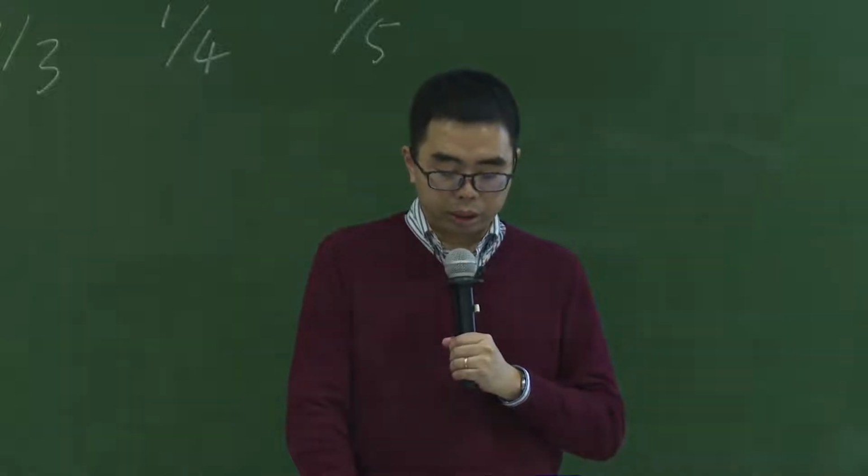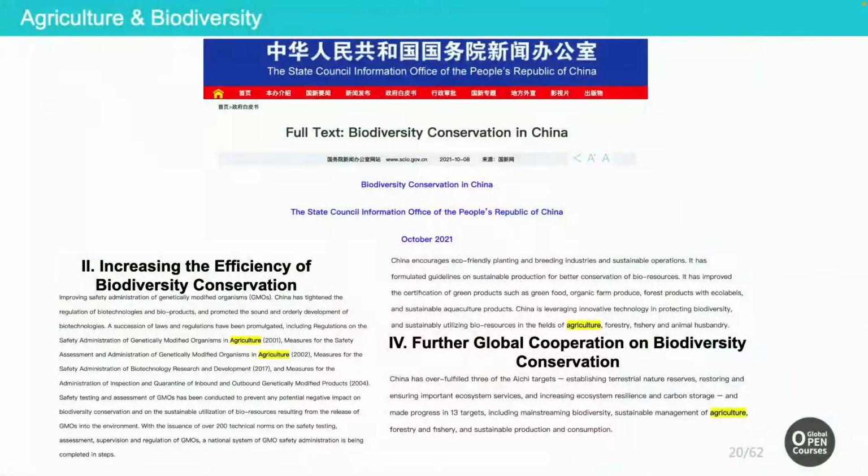The third one is China's progress in the sustainable management of agriculture, forestry, and fishery, and sustainable production and consumption. These paragraphs demonstrate China's efforts and perspectives on agriculture and biodiversity.